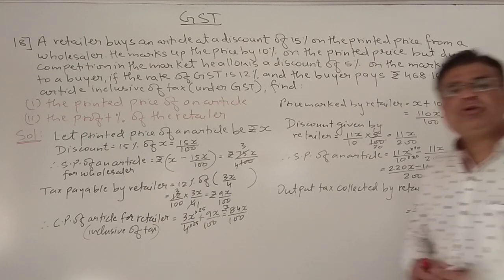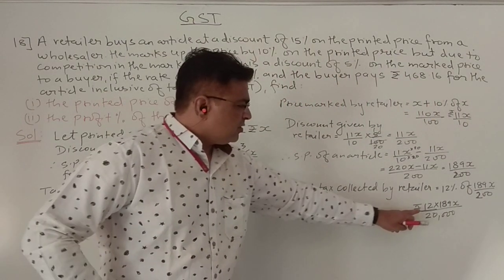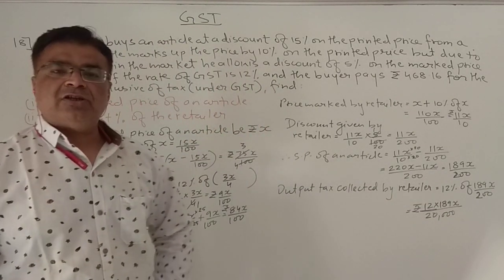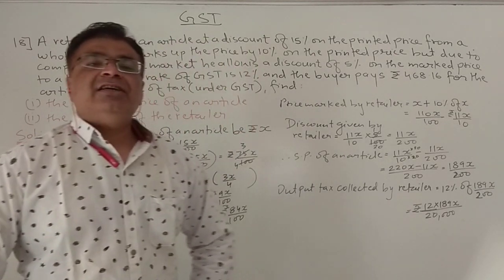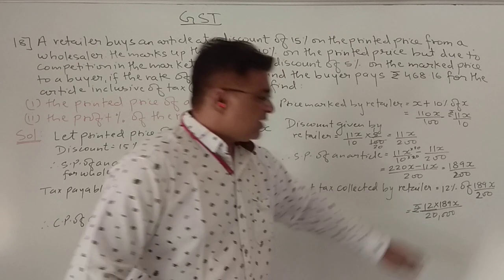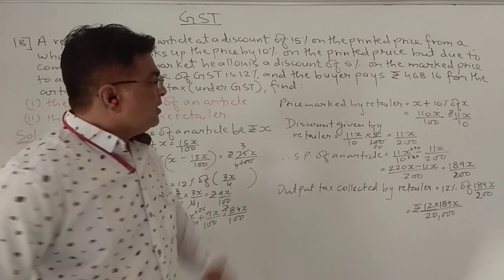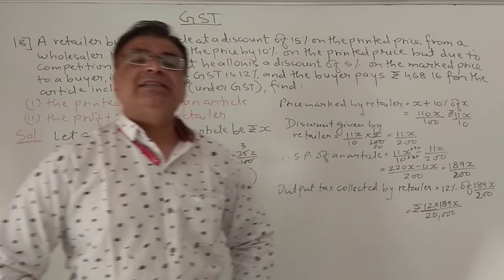Okay, so the output tax collected by the retailer from this is rupees 12 into 189x upon 20,000. So finally the customer is purchasing the article at which price? At this price, 12 into 189x upon 20,000, and the buyer pays how much rupees?